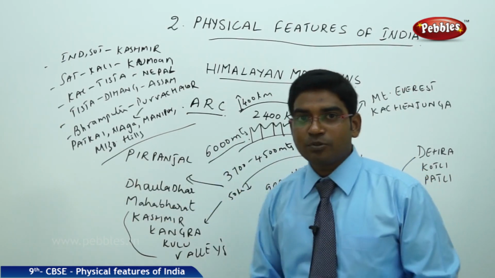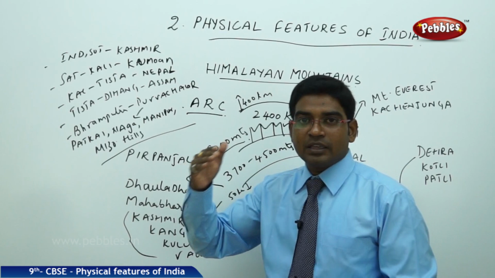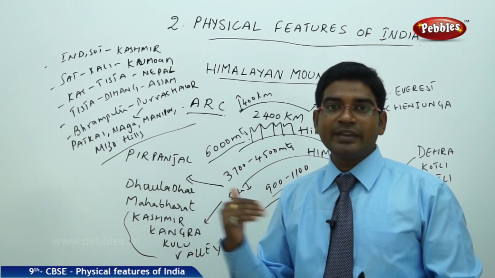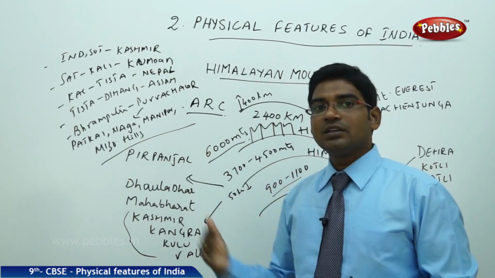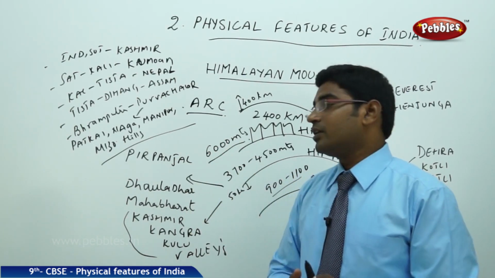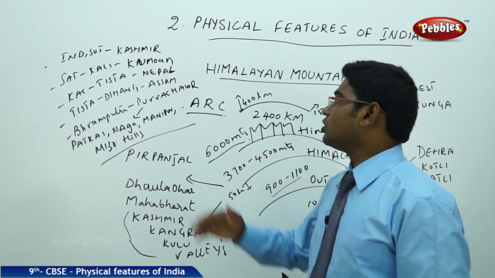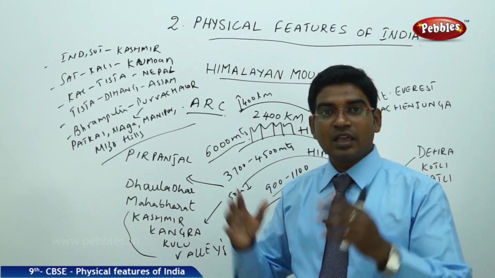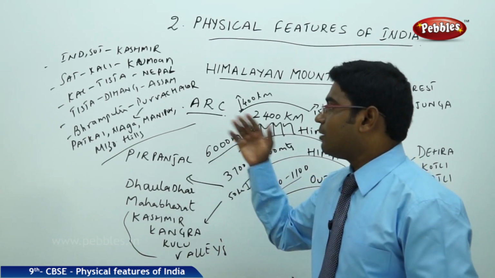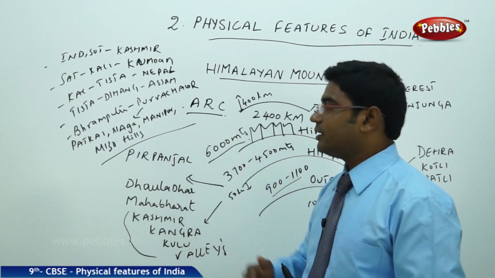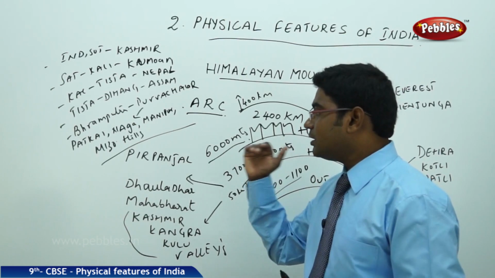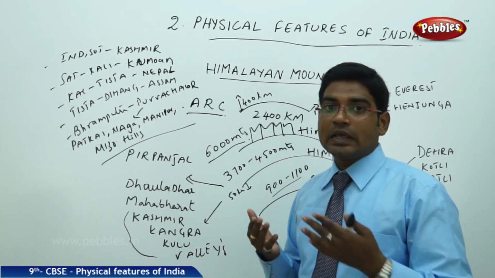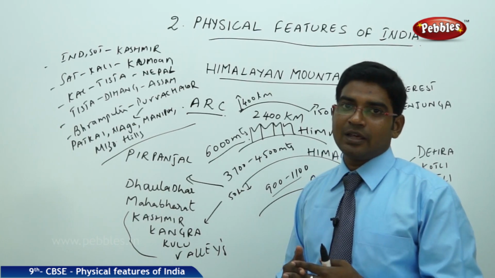And from the Brahmaputra, the entire Himalayas take a southward turn and enter Indian land again, from the Nepal kingdom and the other regions. So here we call it the Purvanchal Himalayas, and in the Purvanchal Himalayas we have many hills known as the Patkai hills, the Naga hills, the Manipuri hills and the Mizo hills. These all together may also have different regional names for the Himalayas.